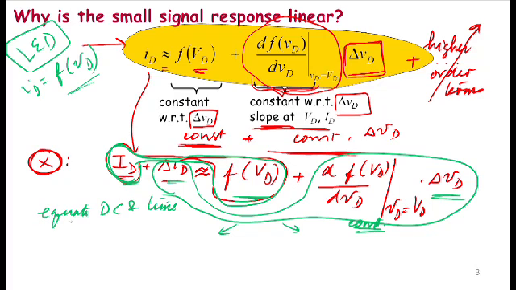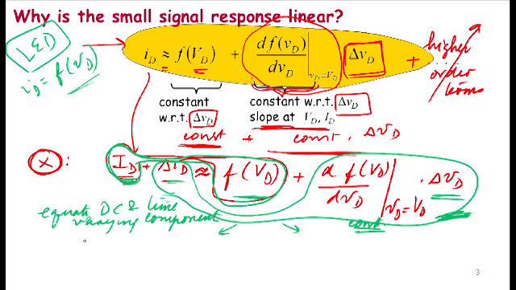So let me equate DC and time varying components. The reason I can do that is that the equation must be true for all time. As time changes, if the time varying part keeps changing, then because the equation must be true for all time, it must follow that the DC parts must be equal and the time varying parts must be equal. Clearly, the DC part doesn't change with time, and so as the time varying part changes, it cannot influence the DC part. So therefore, the two DC parts must be equal.